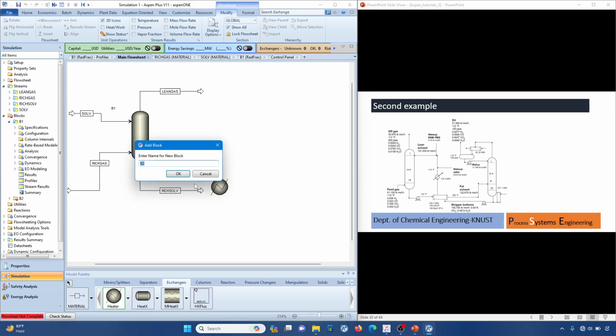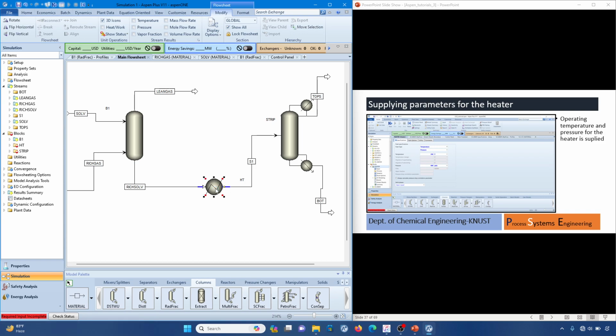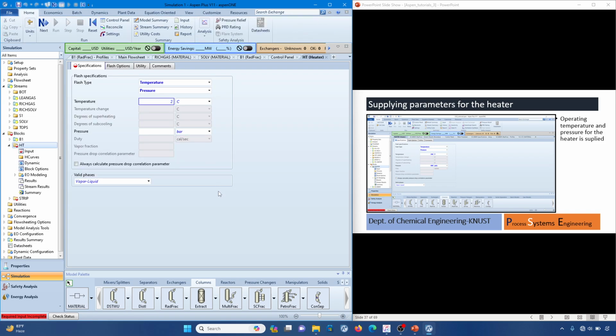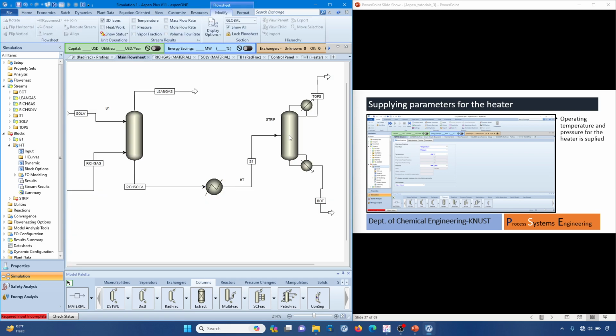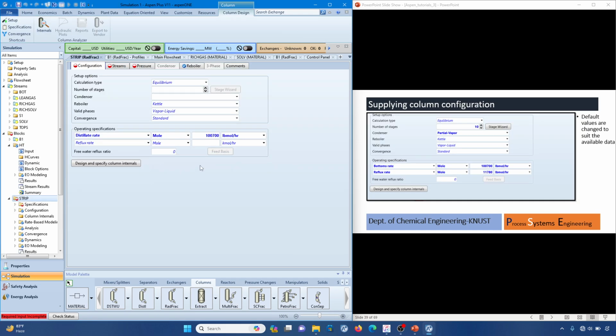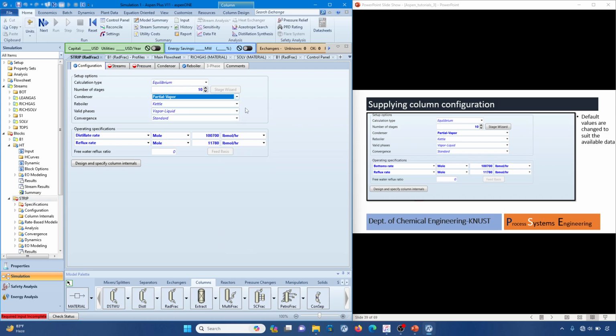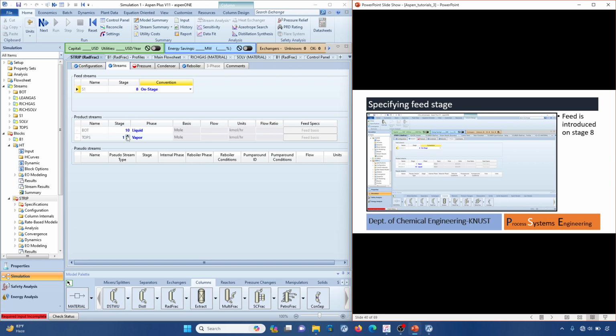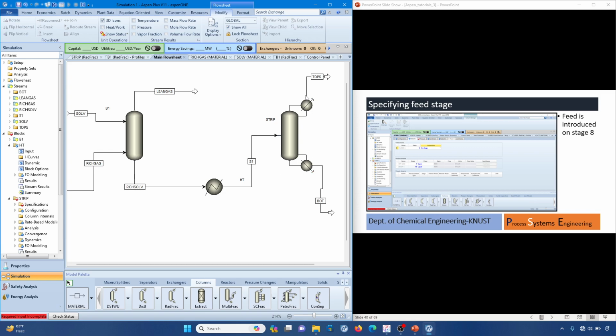First we heat. Note here that our top stage is a vapor stream, so our flow sheet should also be as such, with streams connected to the top.